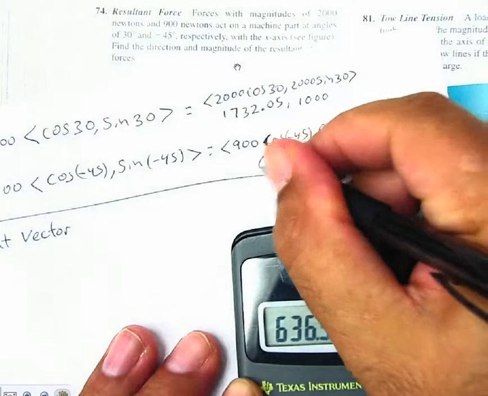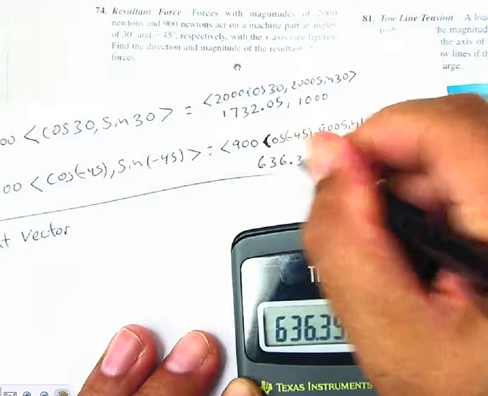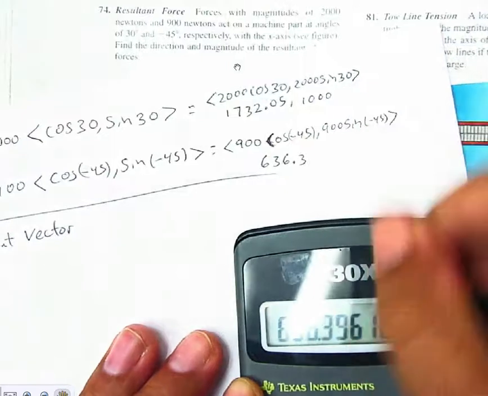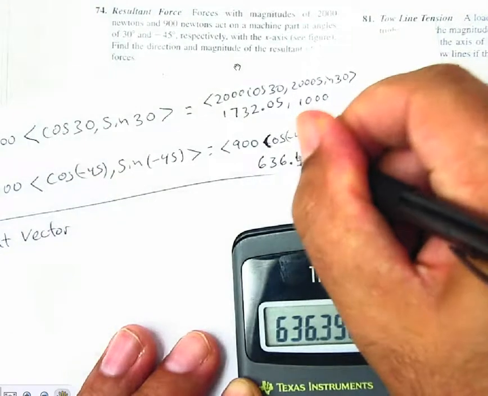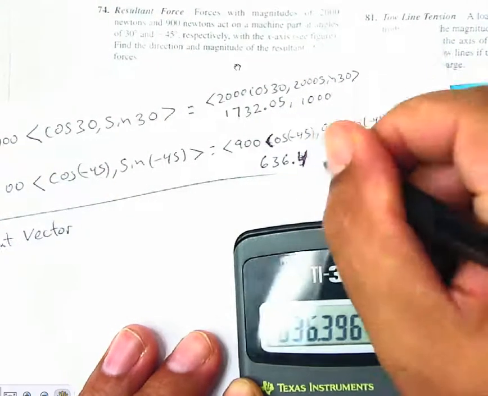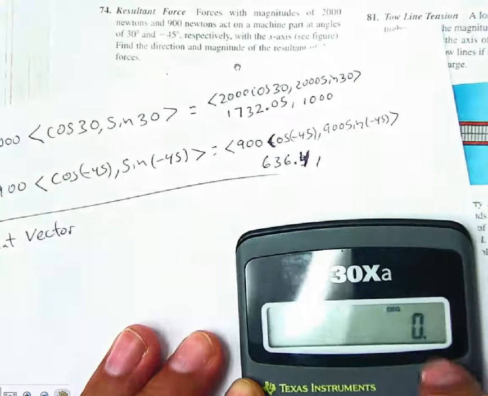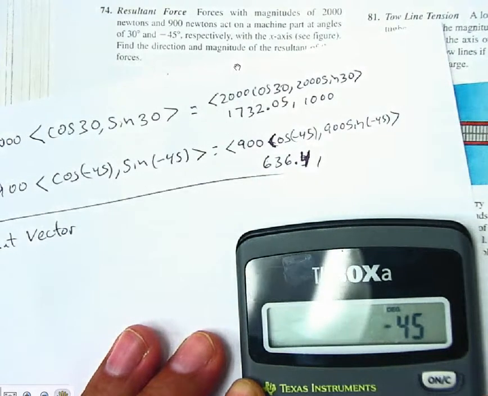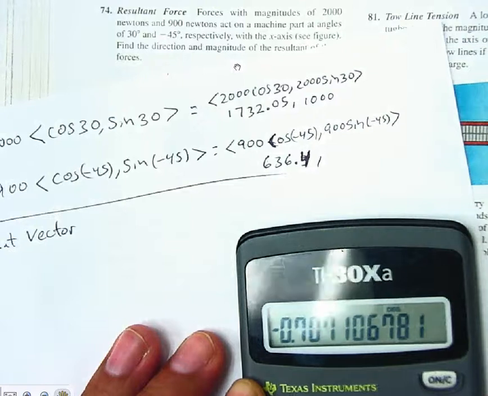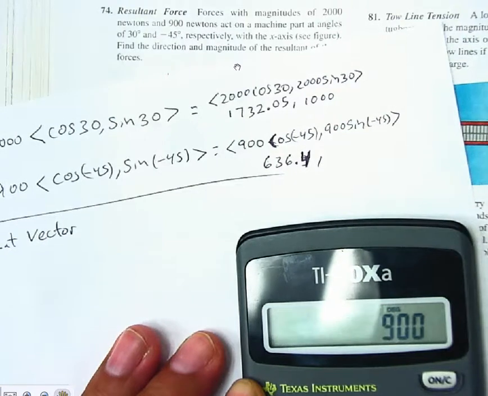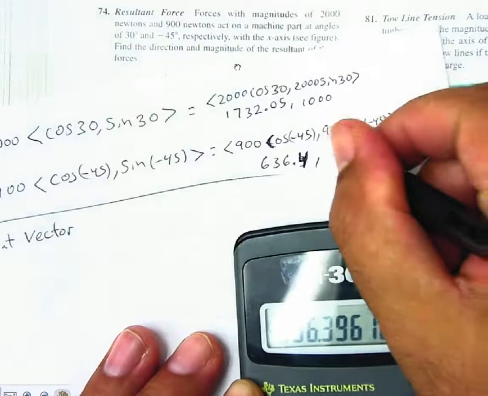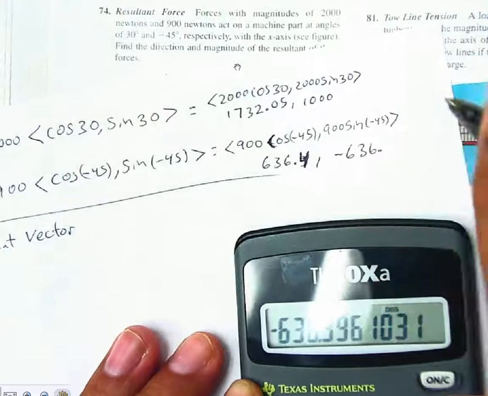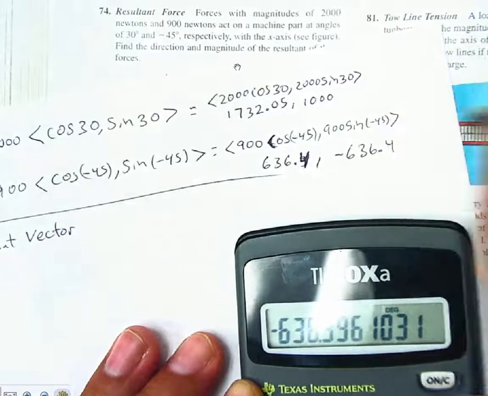We get 636 point, well, it's really very close to 0.4. Let's get the sine of negative 45 times 900. We get negative 636.4 basically.